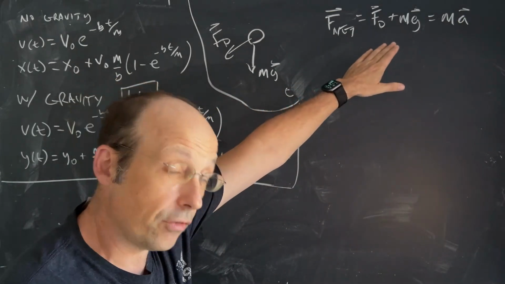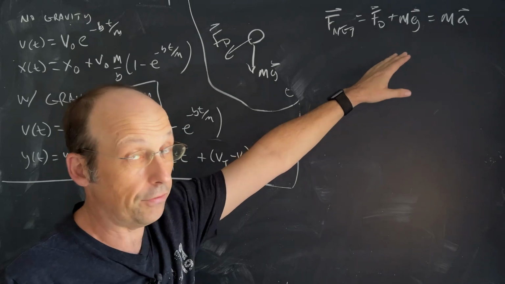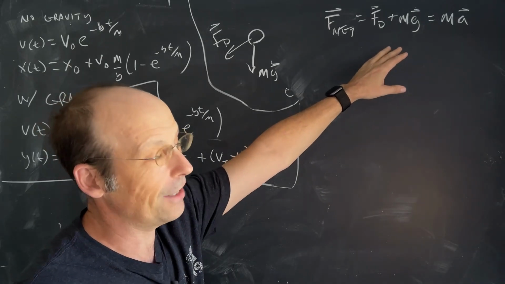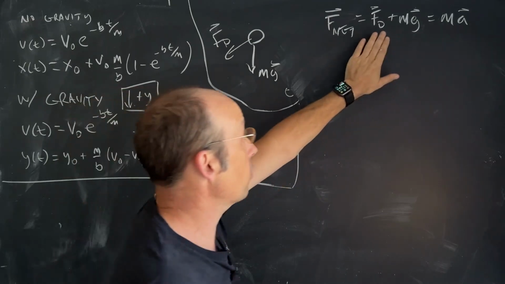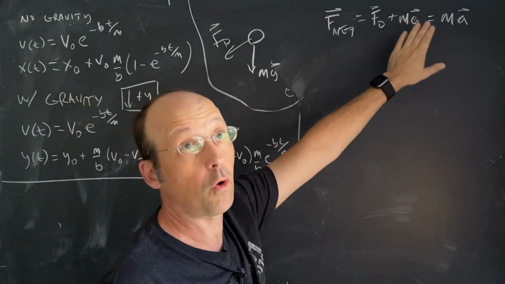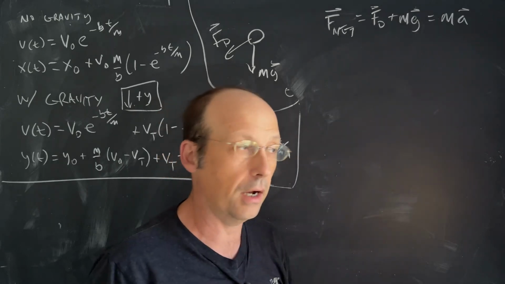Those are vectors, so this is the sum of the vectors. Don't put gravity as negative, for 2 reasons. One, in our results over here, we called positive y down, but that doesn't matter. These are additional vectors. They may have a negative or positive y component, but that's not the point. So we add them up and it equals ma.